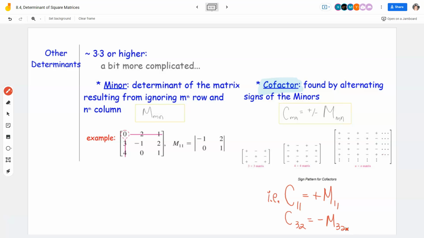Okay. Why is one a plus and why is the other one a minus?